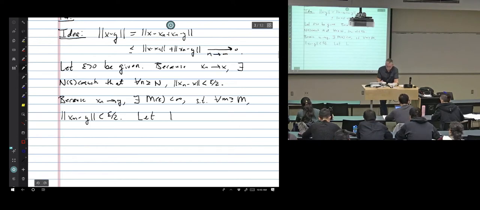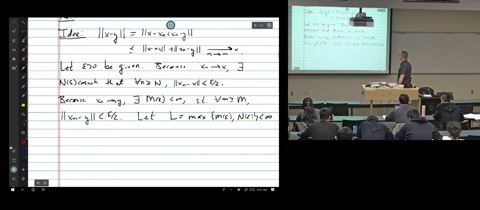Now we just let L equal the max of M of epsilon and N of epsilon, and the max of 2 finite numbers will still be finite.